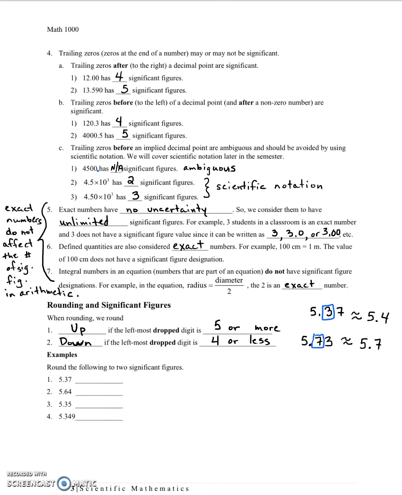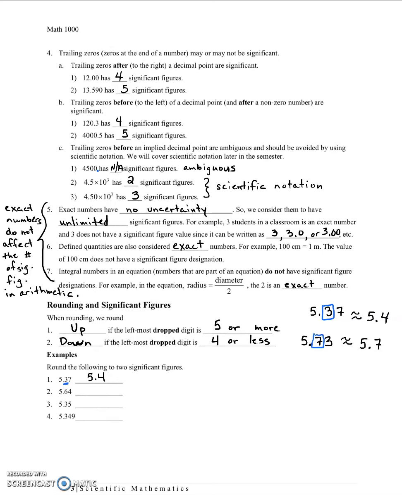So first figure out where the second significant figure is. In this case, it's the 3. We always start at the left and count towards the right. So 2 significant figures is where the 3 is. And since we've already done it, that's 5.4 because the 7 makes the 3 round up.